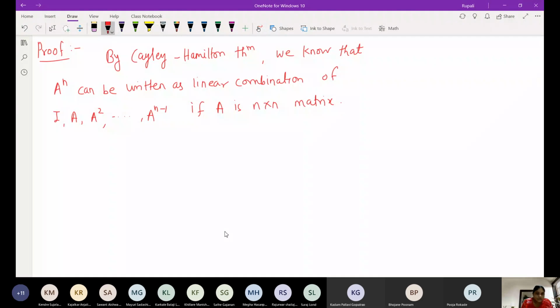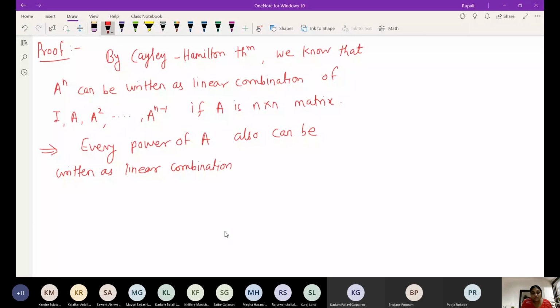So it follows that every power of A can also be written as a linear combination of lower powers of A: identity, A, A square, up to A raised to n minus 1.